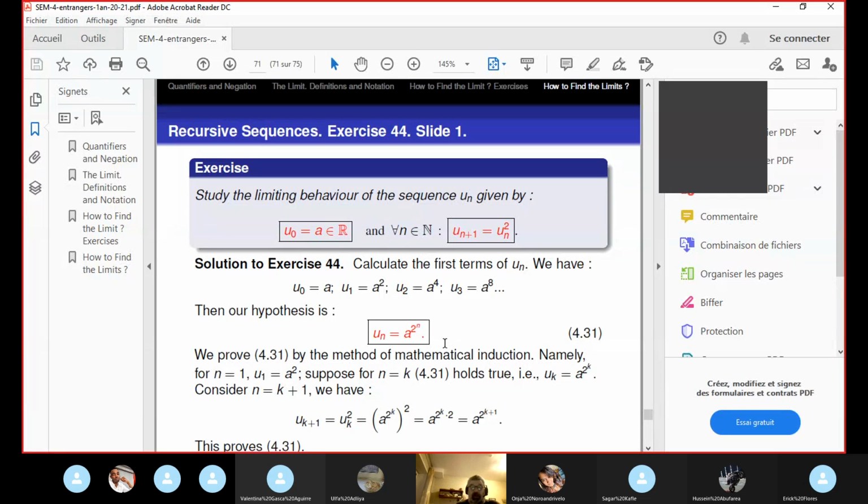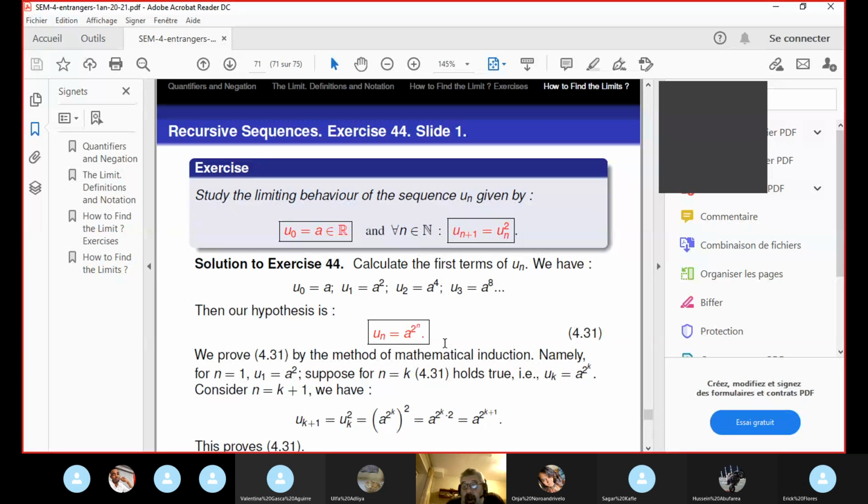Then I suppose that for n equals k, my formula 4.31 is true, so u sub k is a to the power 2 to the power k. Now I have to prove this formula. I have to check my formula for the case n equals k plus 1.